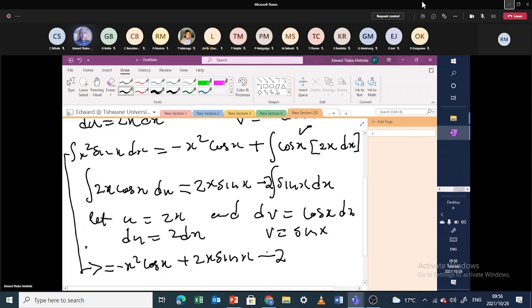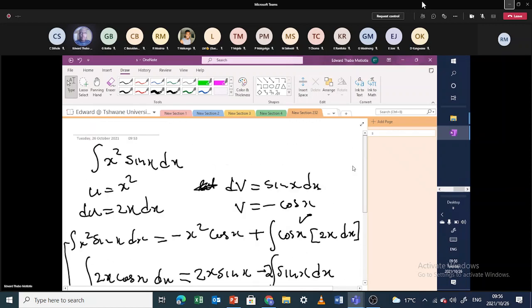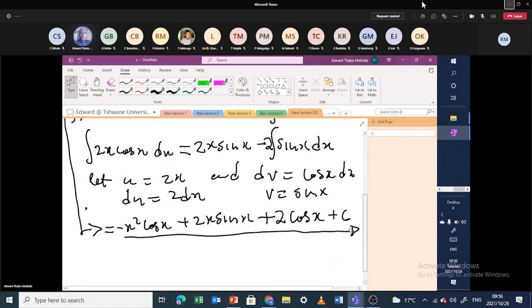So it's going to be plus 2 cos x plus c. So this is the solution. Here we have used integration by parts twice.